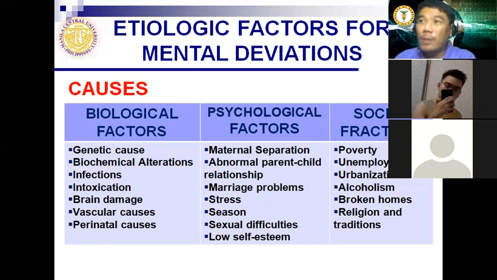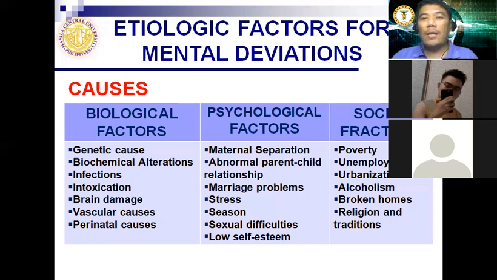These are social factors because they are environmental too. If you are exposed to situations where most of the neighbors or people are drinking, you tend to join and mingle with them, so that may trigger it. Broken homes, religions and traditions that somehow deviate you from some of the nutritional needs.